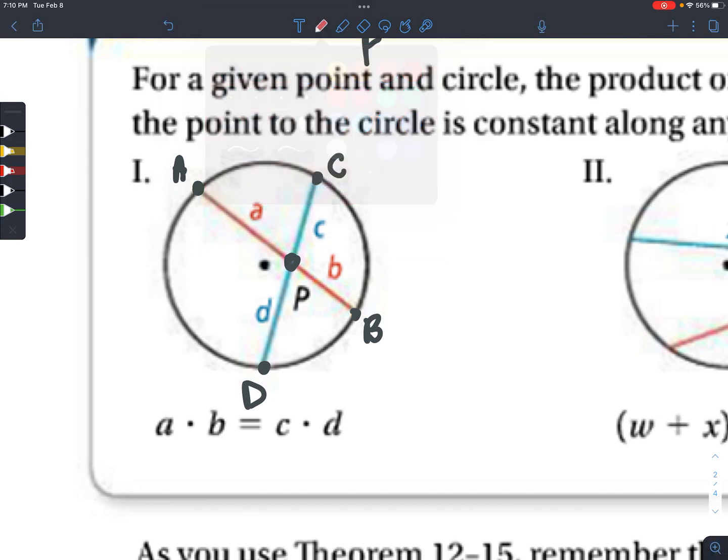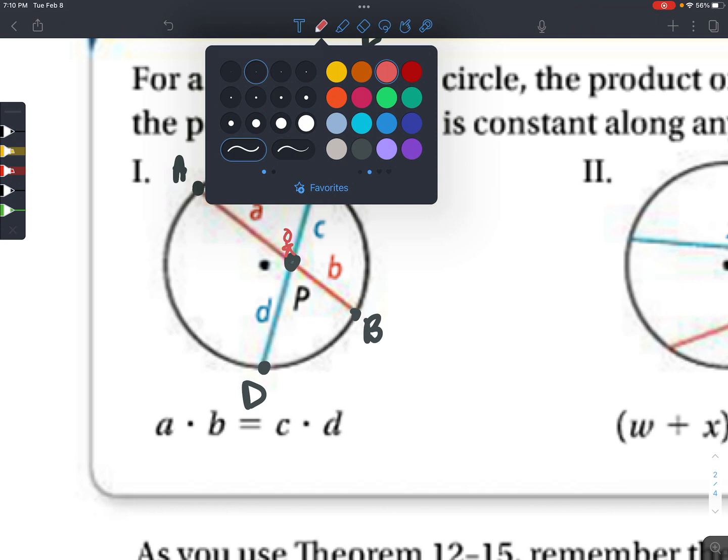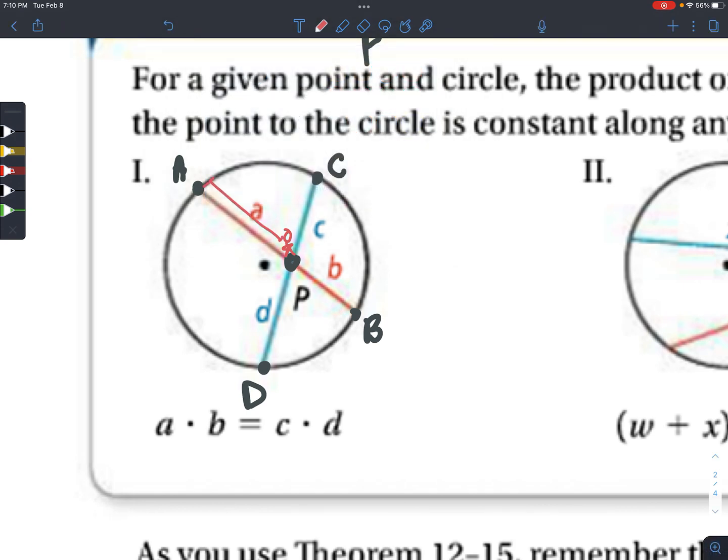They're saying that, hey, if you are at a point and you're a person standing right here and you're hanging out at P, what it says is that if you multiply the distance here to A, so that would be called PA, times the distance that you go to B, which would be the length PB, that equals if you went across the other segment and you multiplied them.